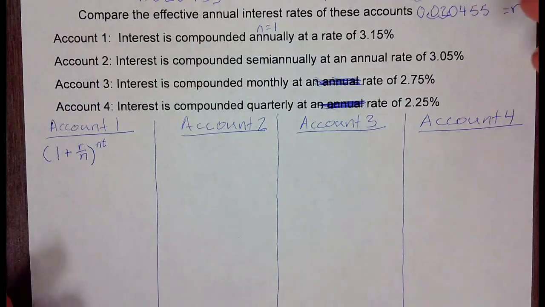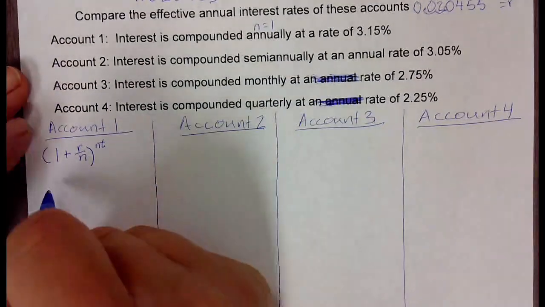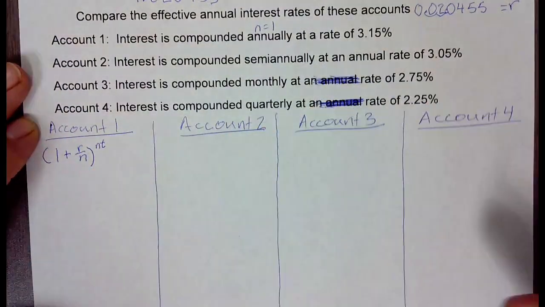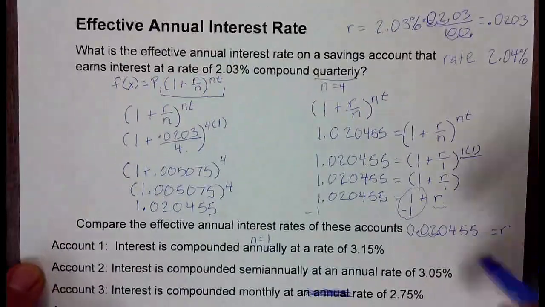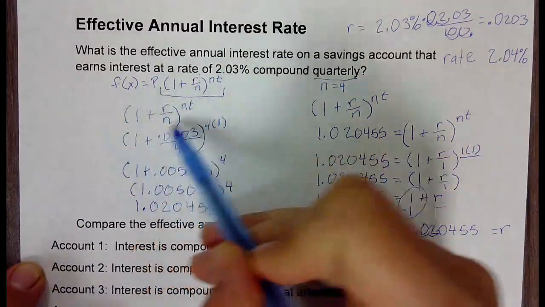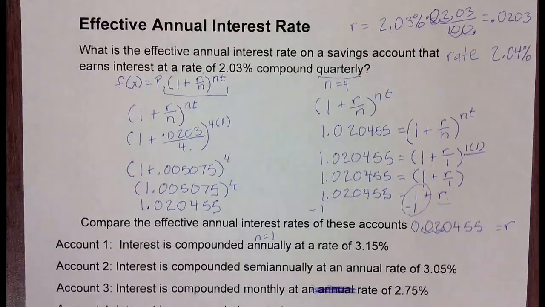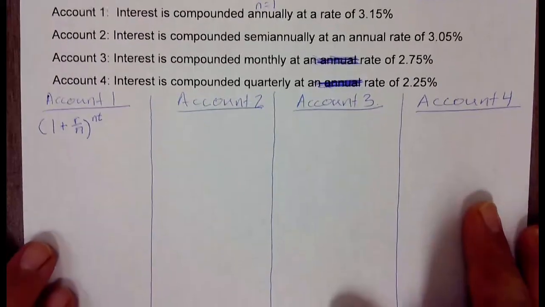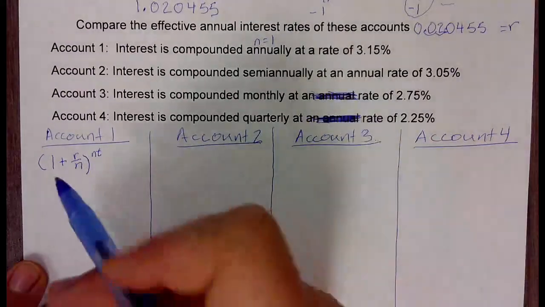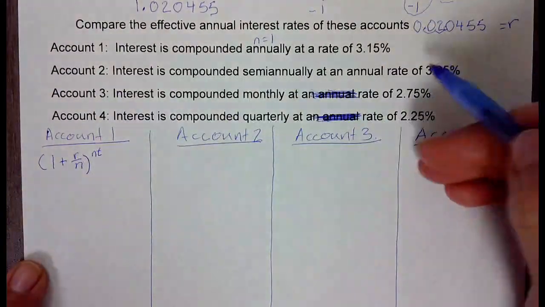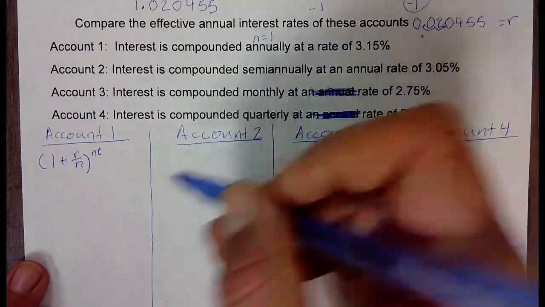All right. Just like in the previous problem, we're just looking at this section of my compounding interest equation. And I'm going to plug in what I know from account 1.